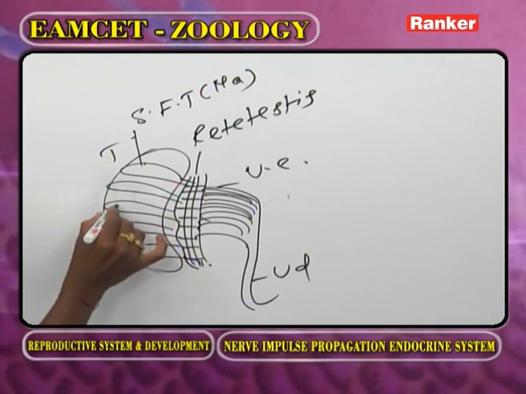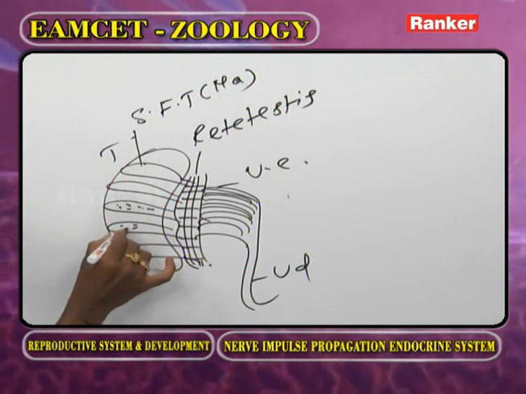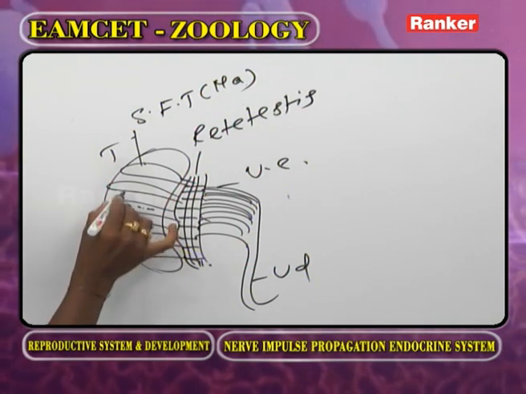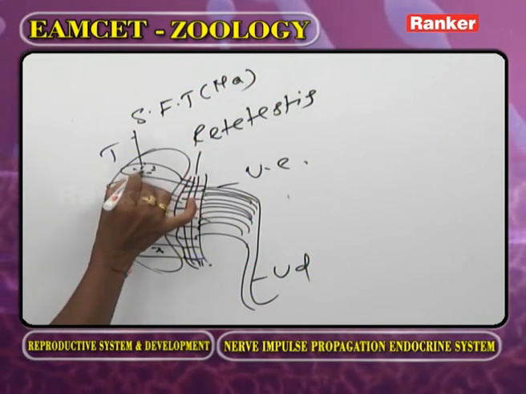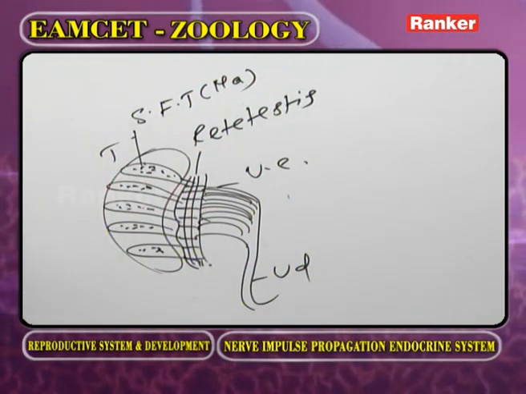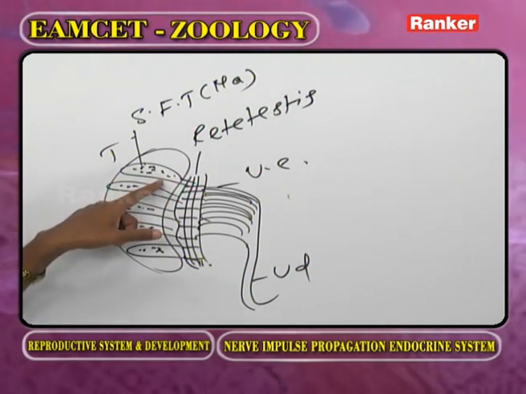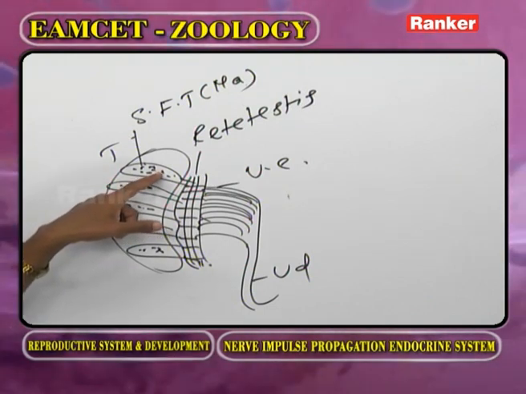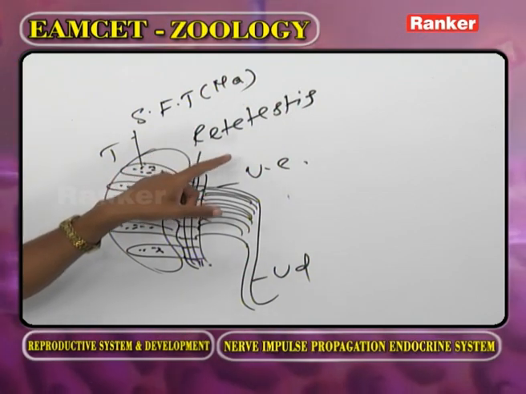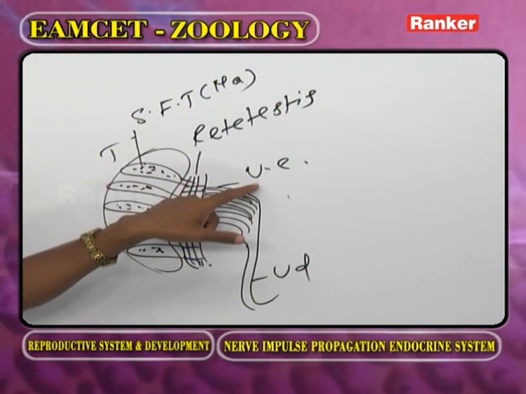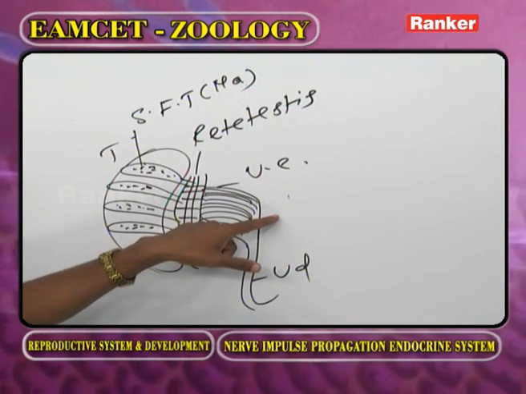Now, in the seminiferous tubules, what is going to develop? The sperms. Here the question asks, what is the passage of sperms? The sperms pass from the seminiferous tubules, rete testis, vasa efferentia and epididymis.